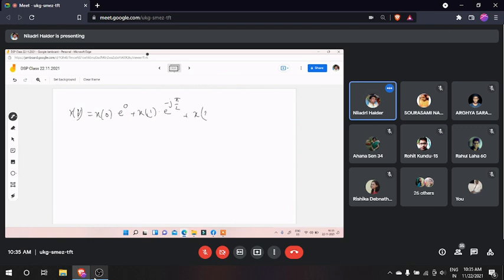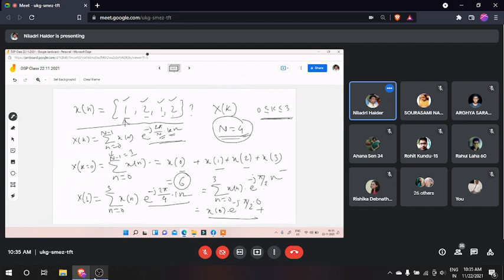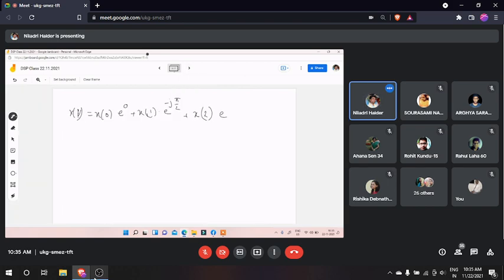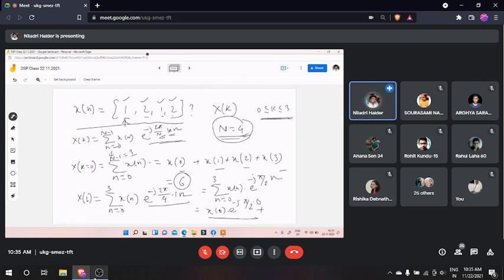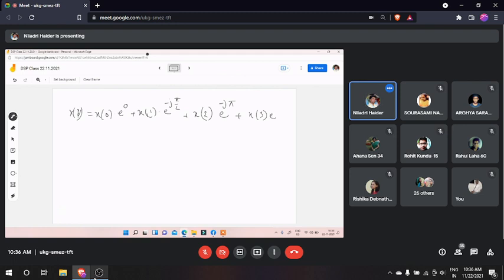For n equal to 2, x2 into e to the power minus j pi by 2 into 2, the 2 will be cancelled out, so e to the power minus j into pi. Plus for n equal to 3, x3 e to the power minus j pi by 2 into 3. That will be your value.